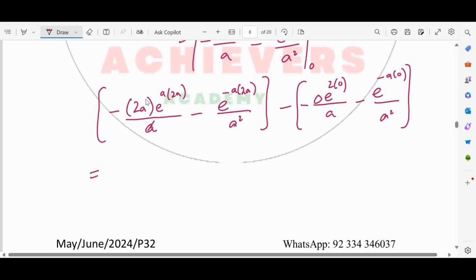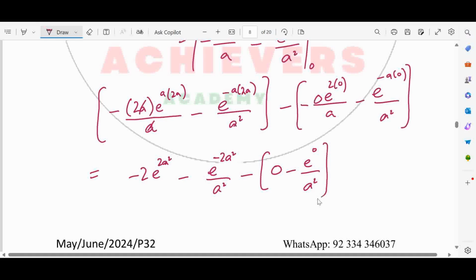We can cancel these, so minus 2 e power 2a square minus e power minus 2a square divided by a square minus, this portion will be 0 minus e power 0 by a square.